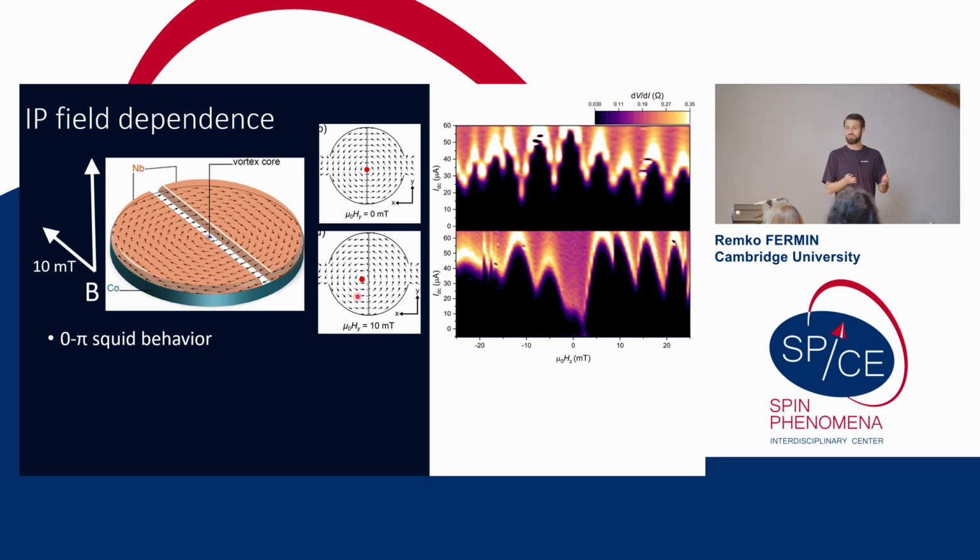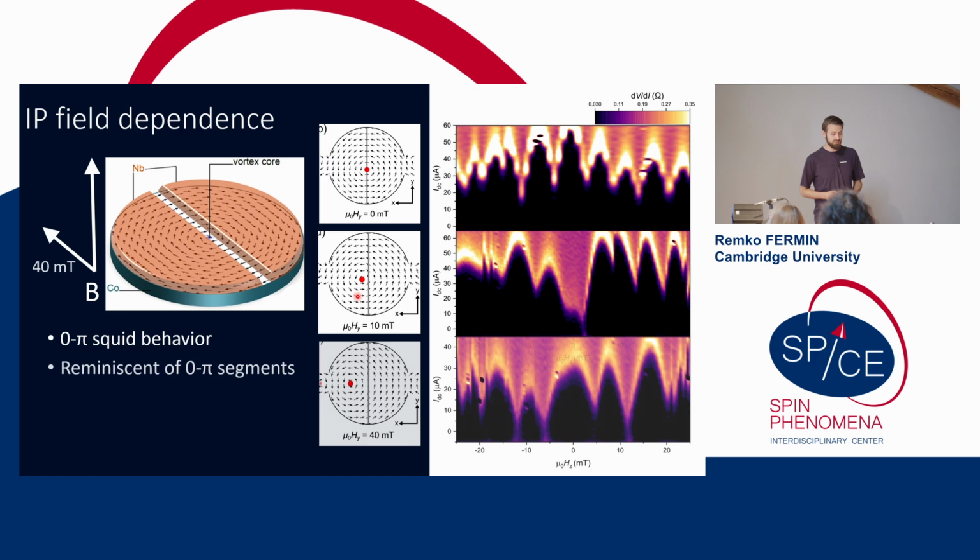So we start to displace basically the vortex towards the contacts of the device. And we again see this interference pattern that is characterized by equal width lobes, but we see a strong suppression of critical current at zero out-of-plane field, which indicates that we are dealing with a 0-pi SQUID behavior, or said in other words, one of our current channels has undergone this 0 to pi transition.